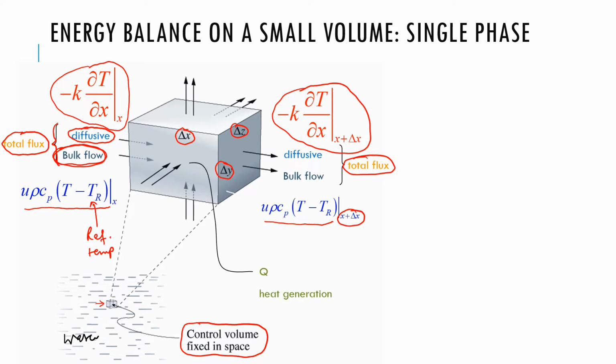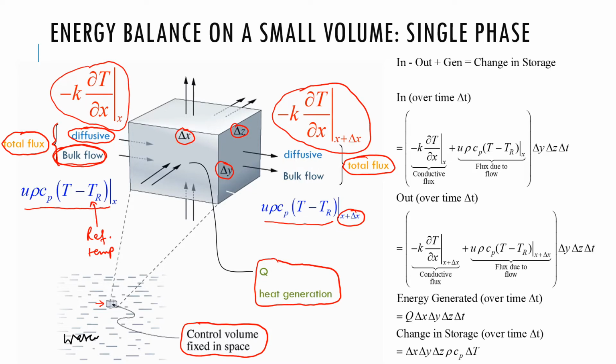So in that simple system, we could also have heat generation. So heat generation could come from, let's say, if this is being heated in microwave, so then thermal energy is generated. It's converted from electromagnetic into thermal energy.